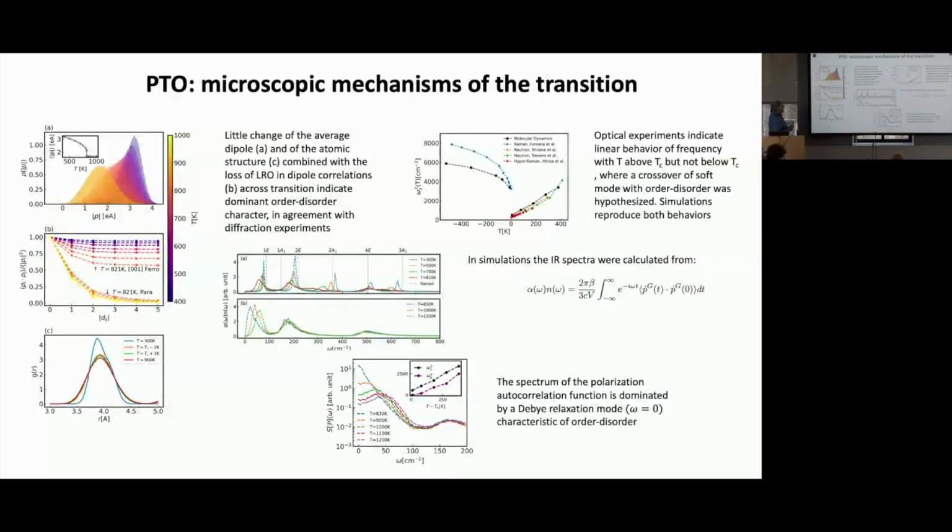Since we have the cell dipole, we can plot the distribution of the absolute value of the dipole as we go from low temperature to high temperature. And here you see there is a jump, but a small jump, that corresponds to the transition temperature.